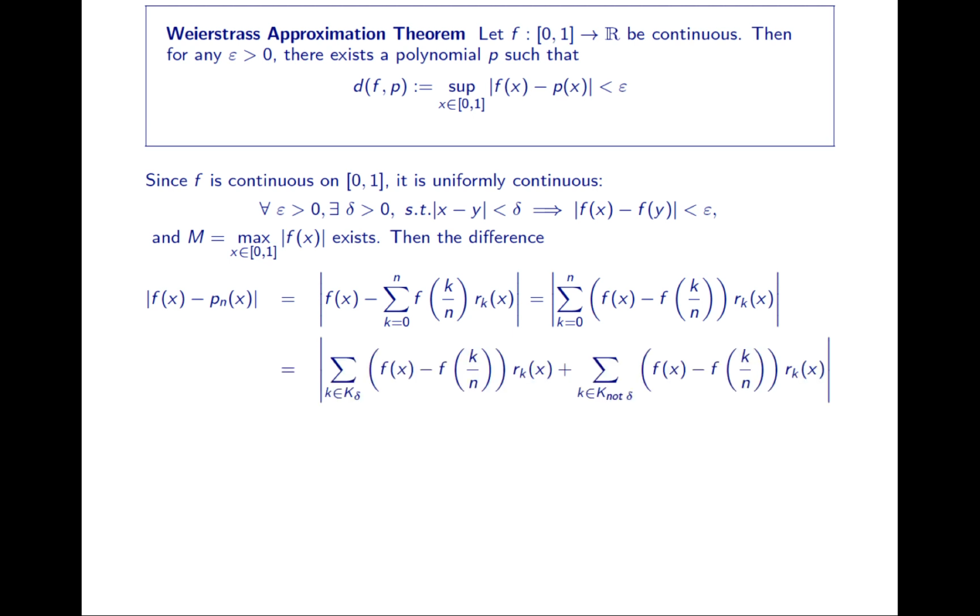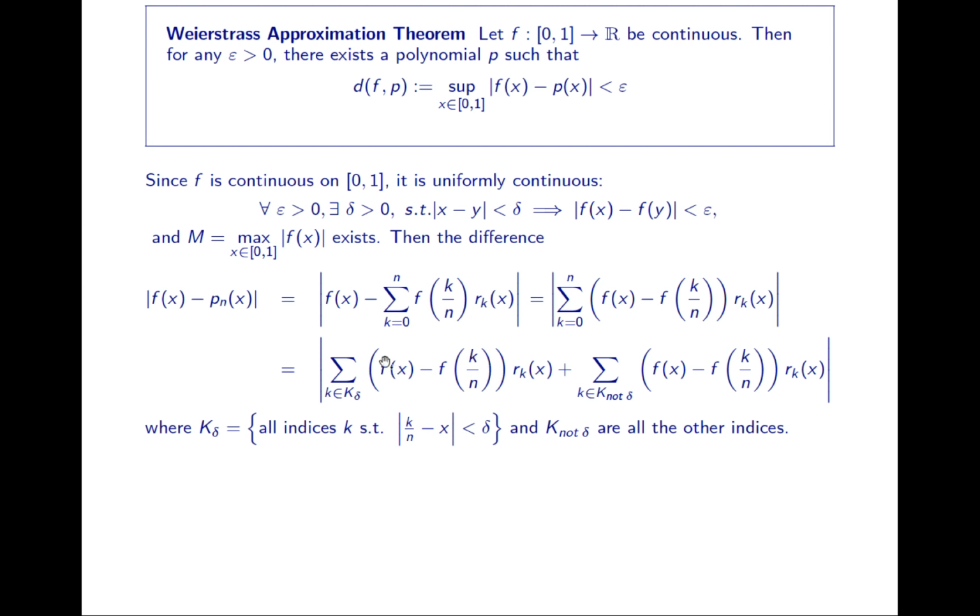Now, notice this term here is f of x, and this is f evaluated at evenly spaced points. And I'm considering a particular x here. So x is either close to one of these discretized points or it's not. Now when I say close, how close? Delta close. So we're going to split this sum into indices for which x and k over n is within delta, and all the others. So when I say k delta, I mean all indices k for which |k over n minus x| is less than delta.